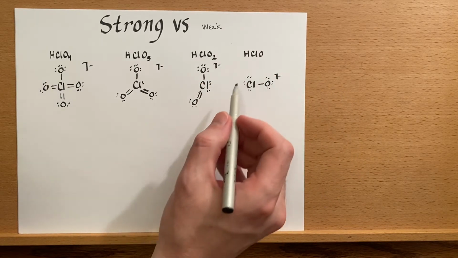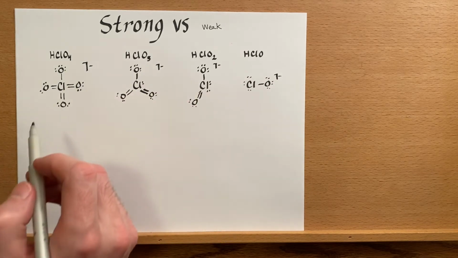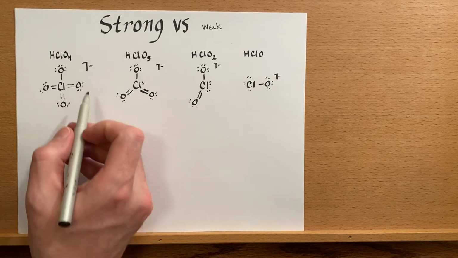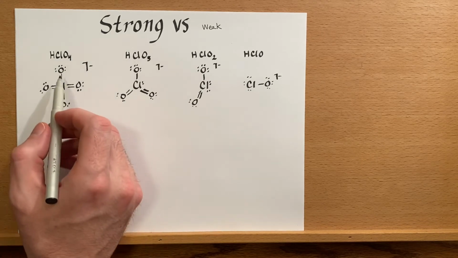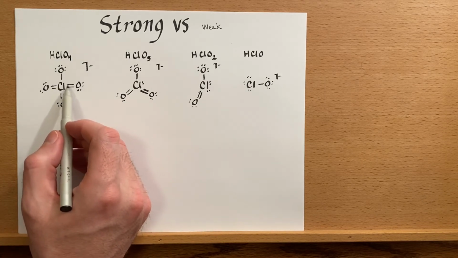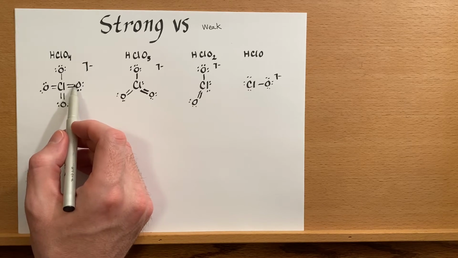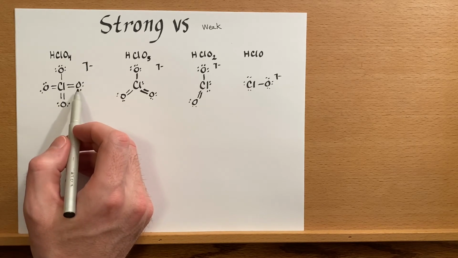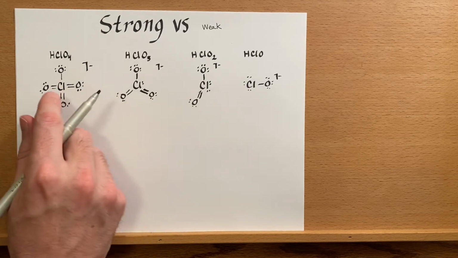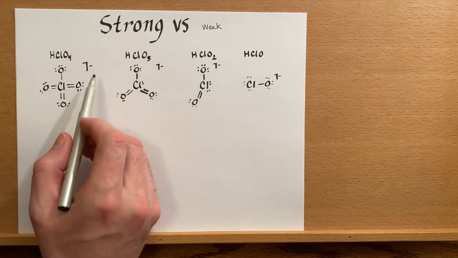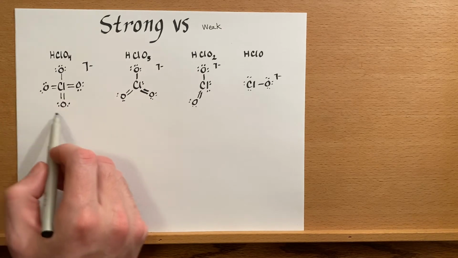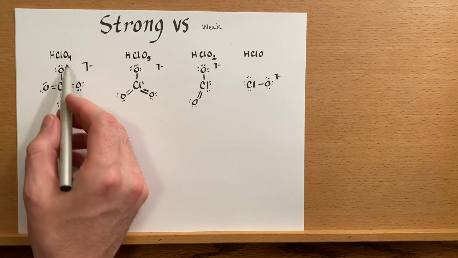All right, so each of these has a negative charge, and you'll notice that many of them have resonance structures. There's no reason why I couldn't put the single bond here and have the negative charge on this oxygen, but let's explore that a little bit, actually, because that's the reason why this is the best acid.